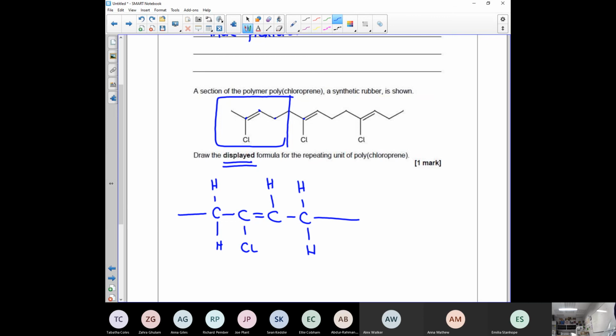So you might have picked out the repeating unit in the middle, because there's a couple of ways in which you could draw this. You could have that carbon chlorine at the end on this side, with your bonds moving off, and then on this side you just put that CH group over here. So that could have been another possibility.